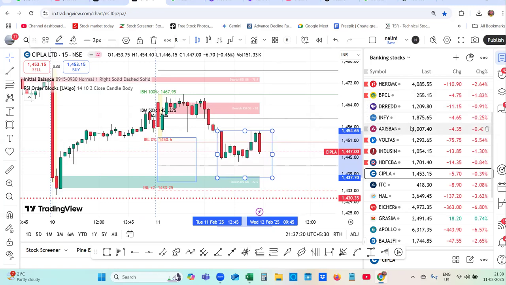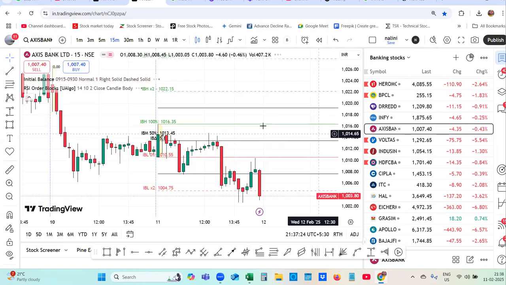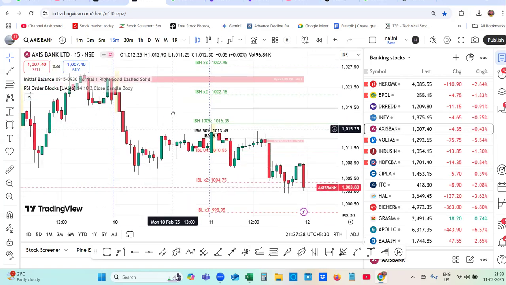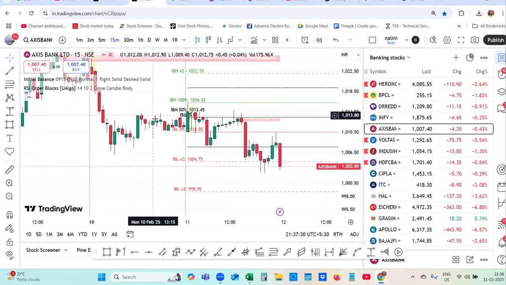Let us check another random stock and see how you could have taken a trade. This is the initial balance plotted over here, and this was the range. After 1 hour, the market broke below the range and hit the next level, but then it started trading up to the middle point of the range.